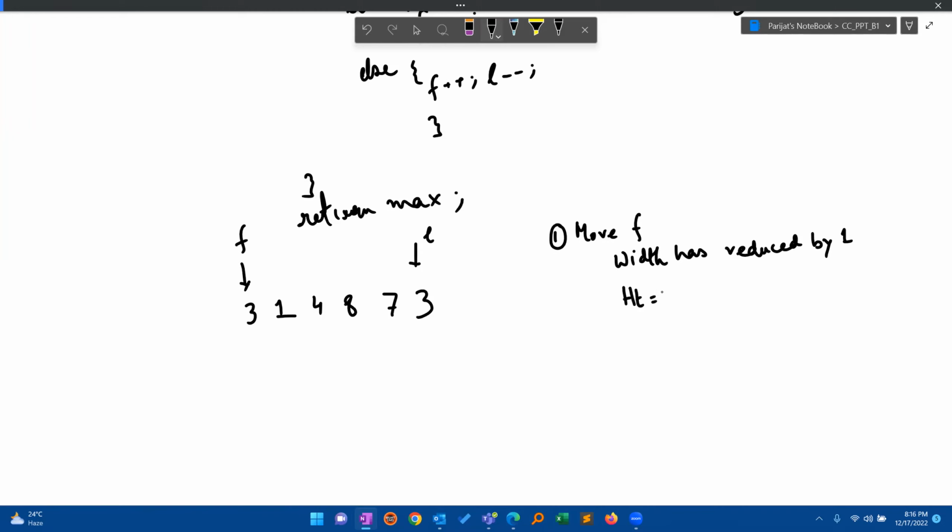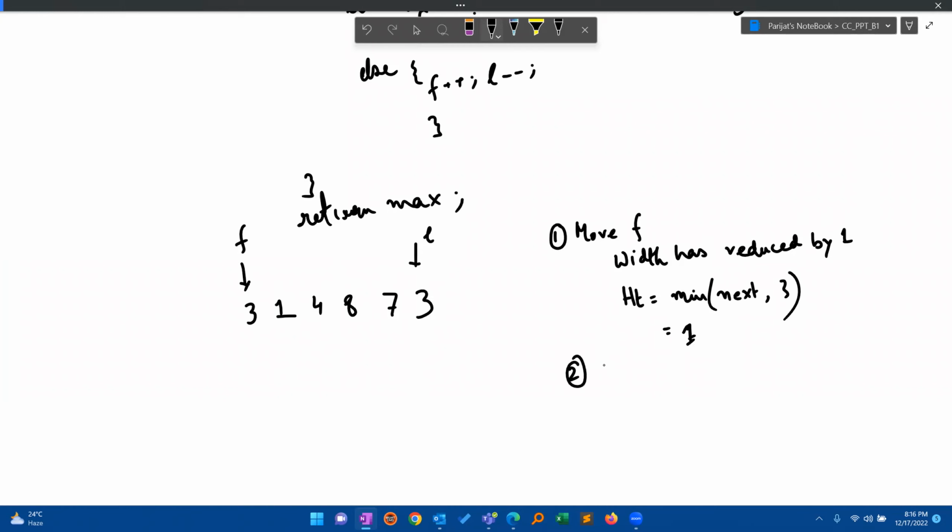If the next element from first is lesser than 3, then the height will also be less. So it will be min of the next element and 3. If it was say 5, in this case it will be 1, the bottleneck height.